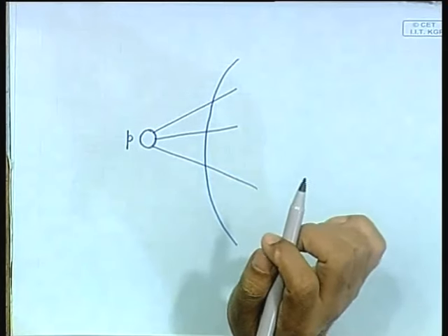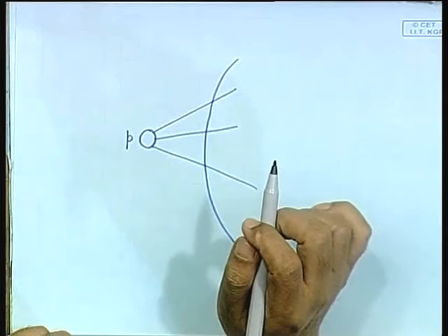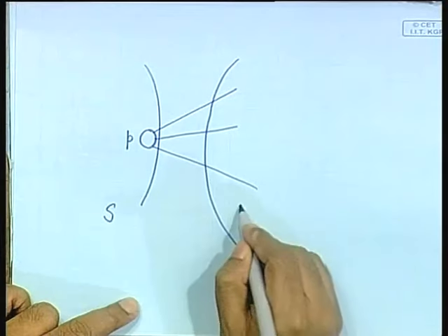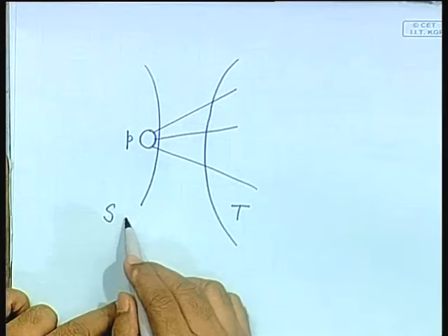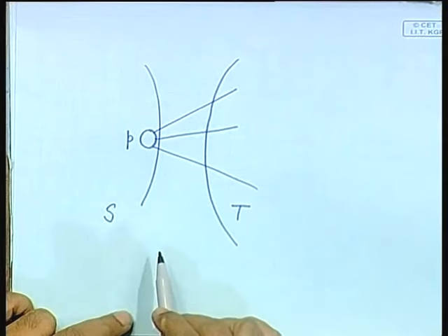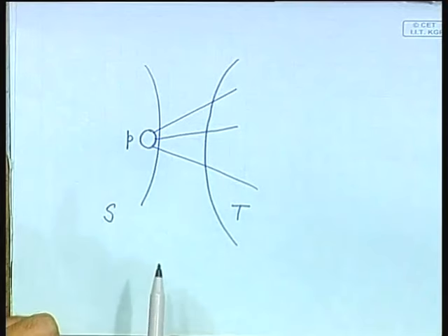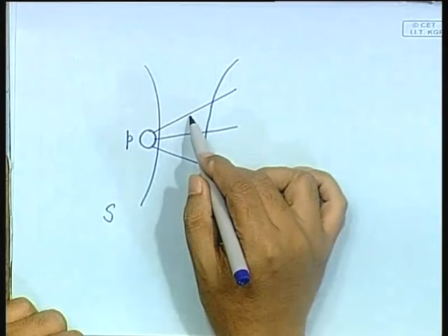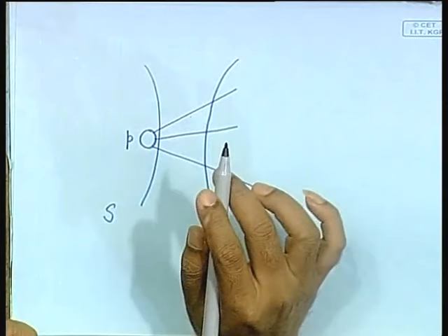We had seen this. We showed just now that if you have S and T, then among all edges between S and T, the one which has the minimum cost will definitely belong to the minimum spanning tree. So, the minimum cost edge among these will belong to the tree.